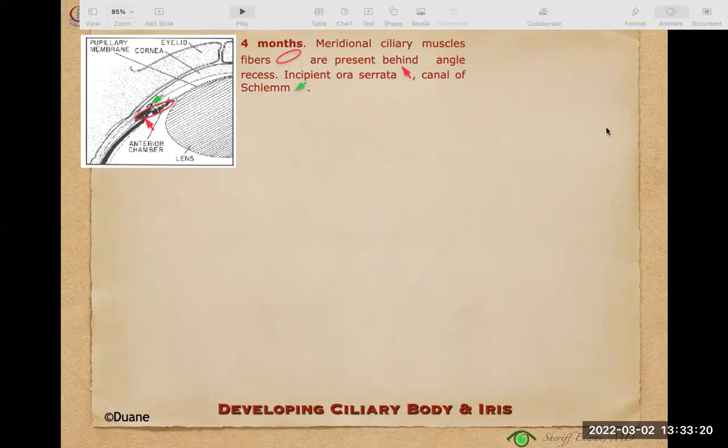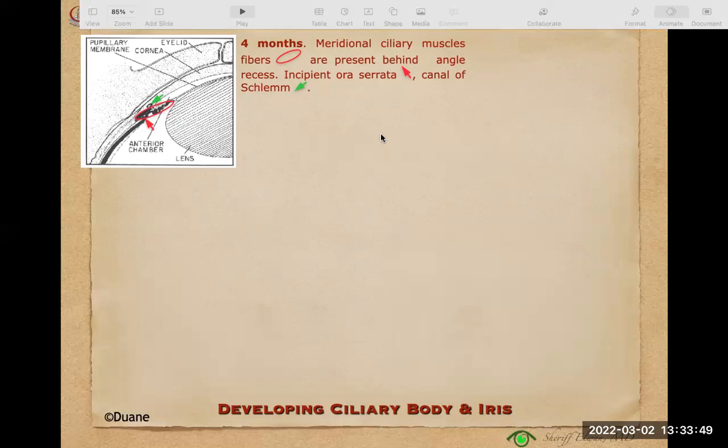Development of the ciliary body and iris, which is the anterior part of the optic vesicle. At 4 months, the meridional ciliary muscle fibers, which are marked by this red circle around the meridional fibers, appear at 4 months.